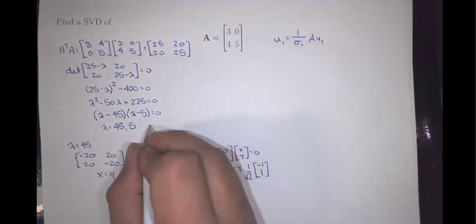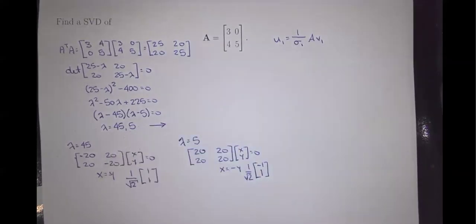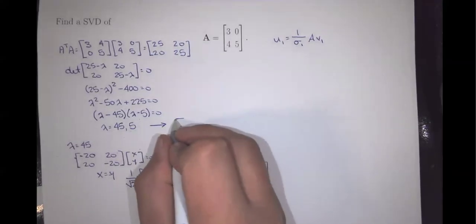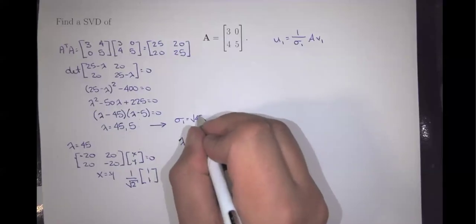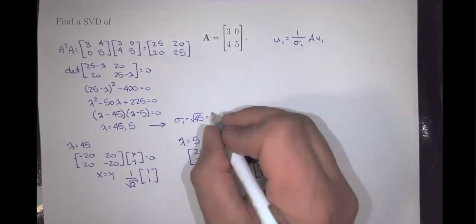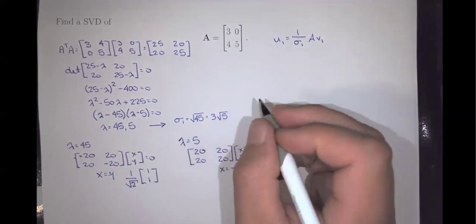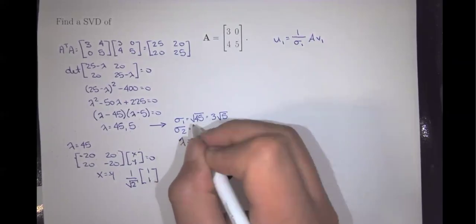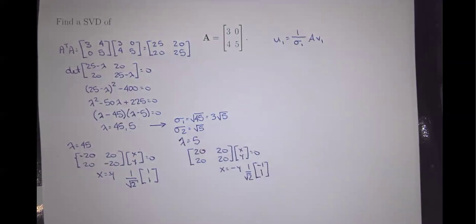So let's just backtrack a sec. If these are the values of our eigenvalues, this tells us that sigma 1 is root 45, which is root of 9 times 5, or 3 root 5. Our sigma 2 is going to be root of 5. So it's just the square roots of the eigenvalues.